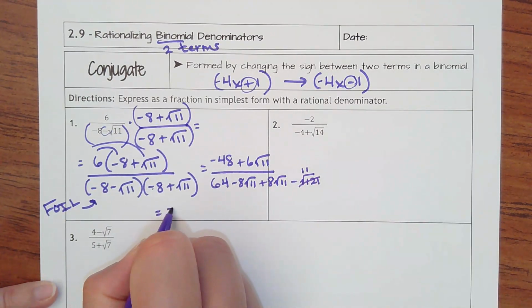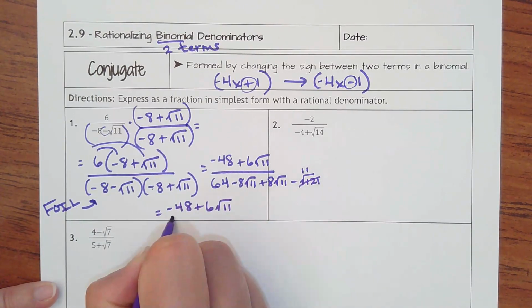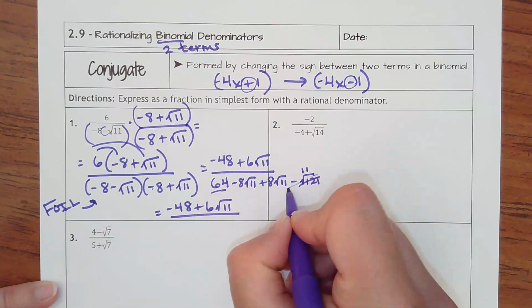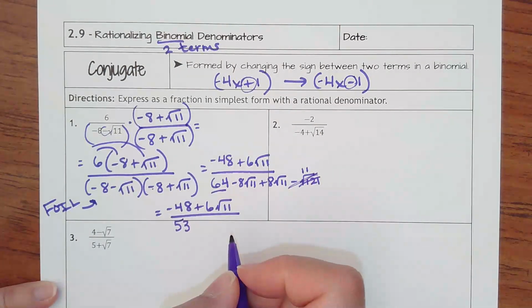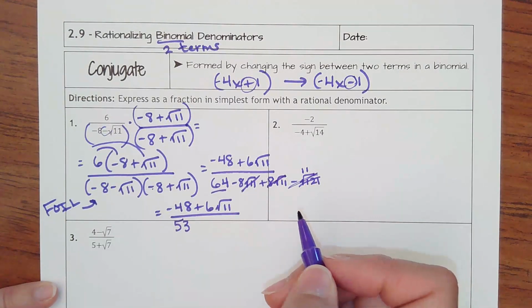Okay, so on the top, I can't simplify the radical, so I'm going to leave it. On the bottom, I'm going to put my 64 minus 11 together, which would be 53. And then this cancels. So actually I'm done.